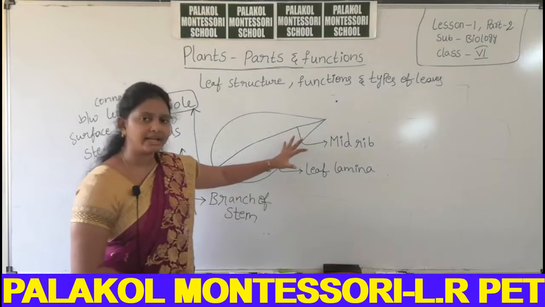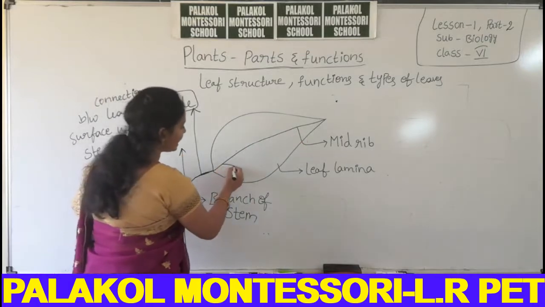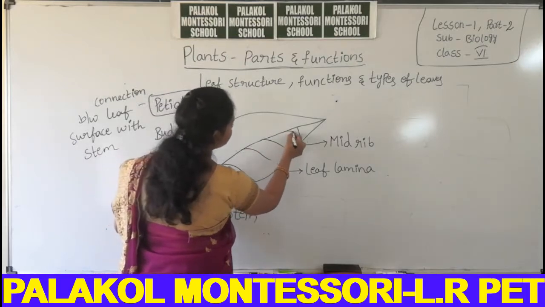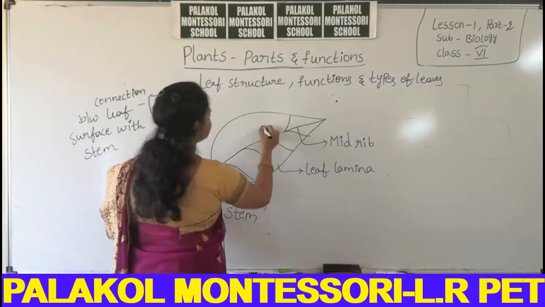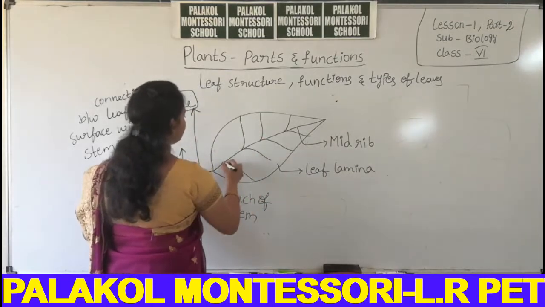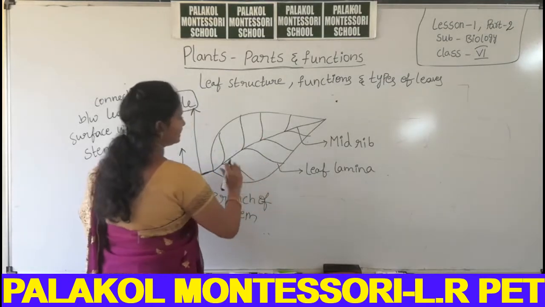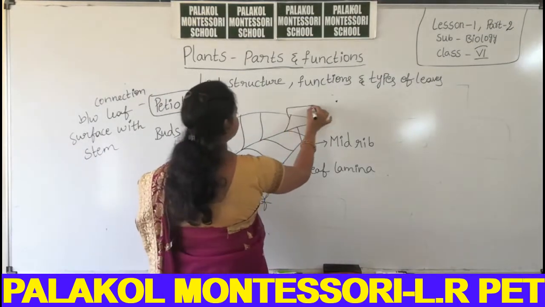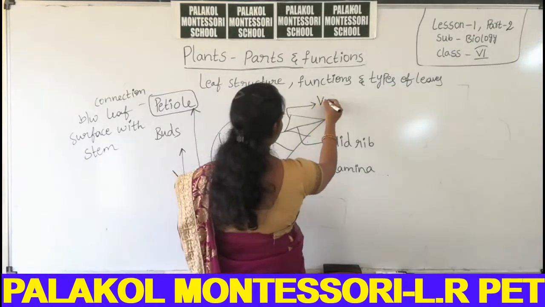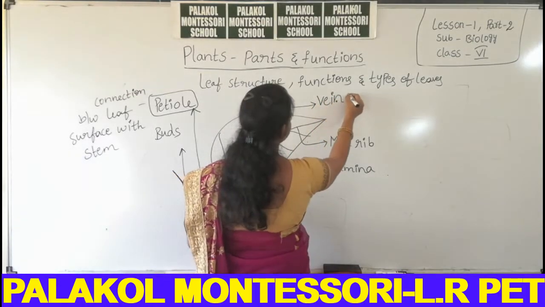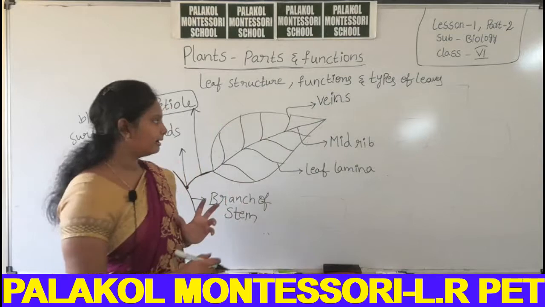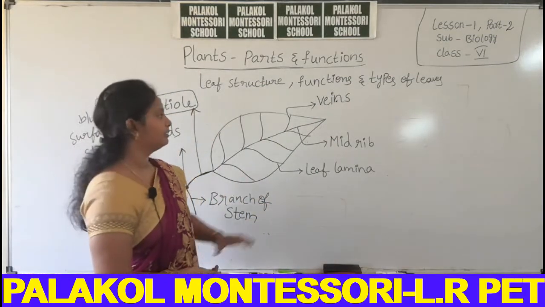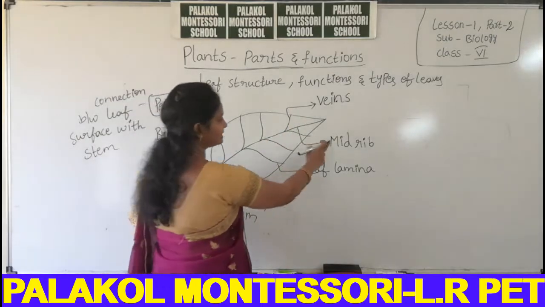From this midrib, so many branches arise like this. These branches are called veins. Veins are the branches of the midrib.